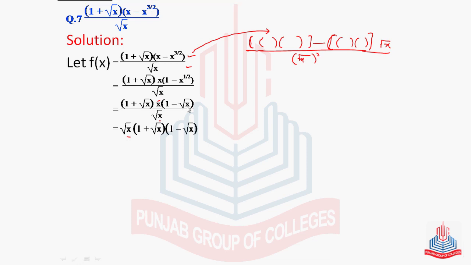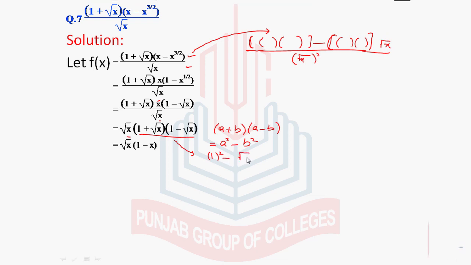Now we apply the simplification technique on these two terms. This is in the form of a plus b into a minus b, so we have a square minus b square. So when we apply the simplification technique on this portion, that will be 1 square minus square root of x whole square.